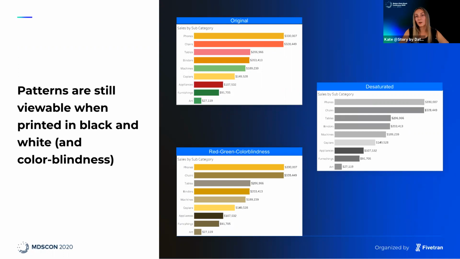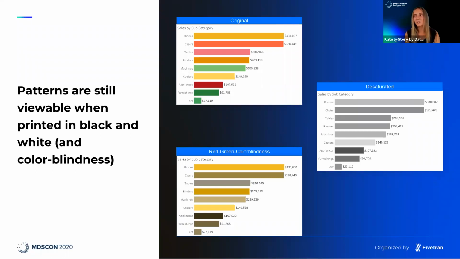It's interesting, if anyone in the audience actually has red-green color blindness, you probably see the original and the red-green color blindness chart as the same. And then on the right here, we have something called desaturated. And this simply means this is what your chart would look like if it were to be printed in black and white, right? If your printer runs out of color, or if you find yourself working remotely these days where you no longer have your color corporate printer that you can use all day, and you're printing in black and white, that is what you would see.